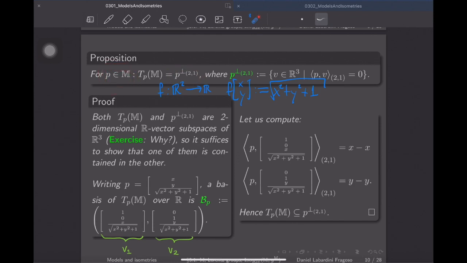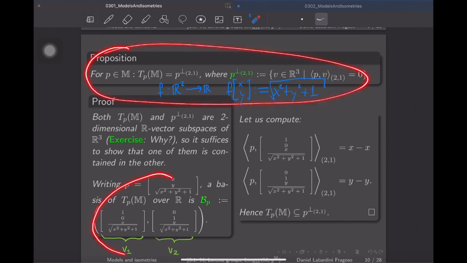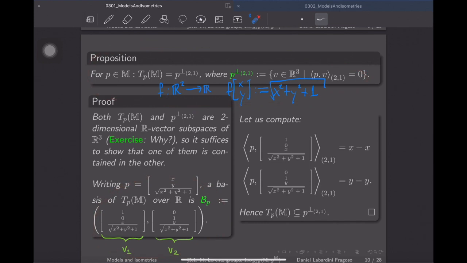So the proposition tells me that you can do this using calculus, but there is a faster way. Just compute all the vectors Minkowski orthogonal to your point, right? The proof overall uses that both of them are two-dimensional.